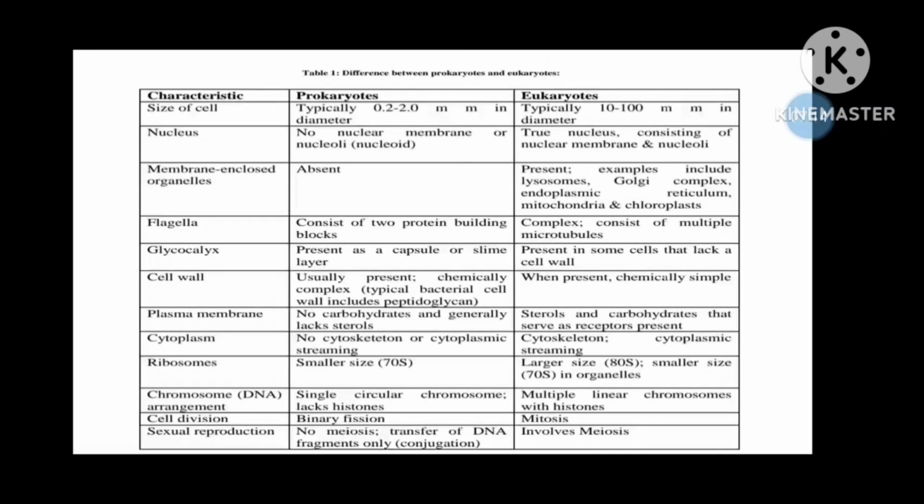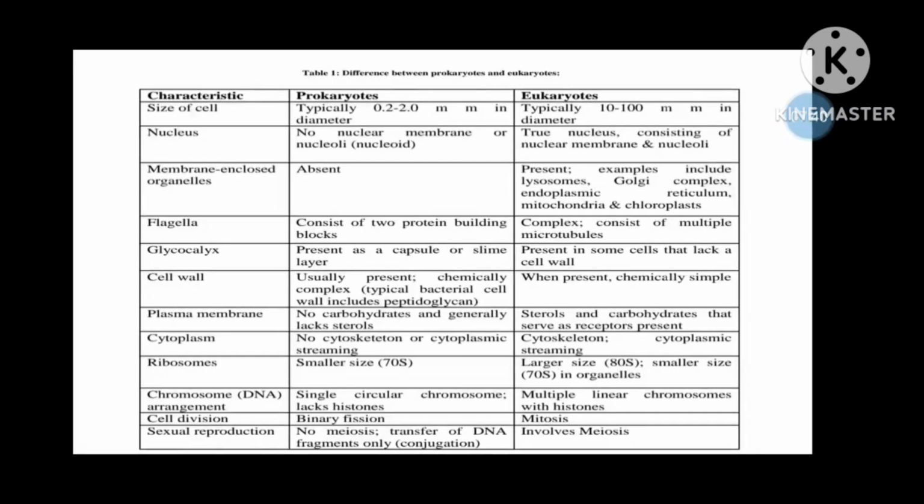Now you know that cells are of two types. One is called prokaryotic cell and second is called eukaryotic cell. Prokaryotic cell is also called primitive cell, right? Now let's see what are the prokaryotic cells and what are the eukaryotic cells and what are the differences between them.